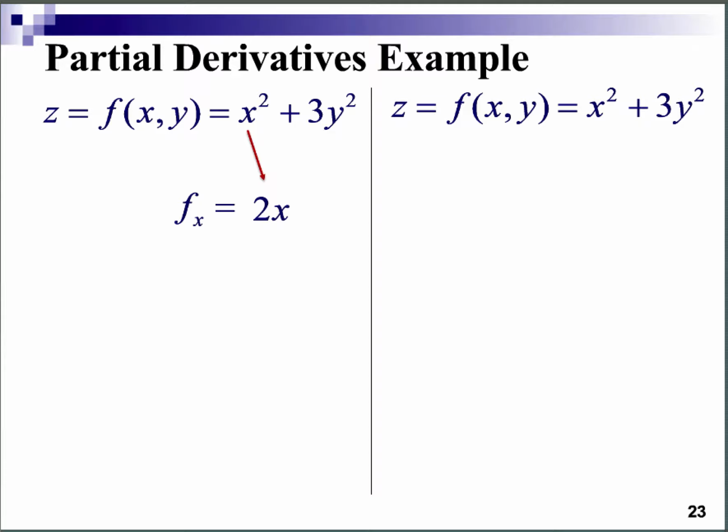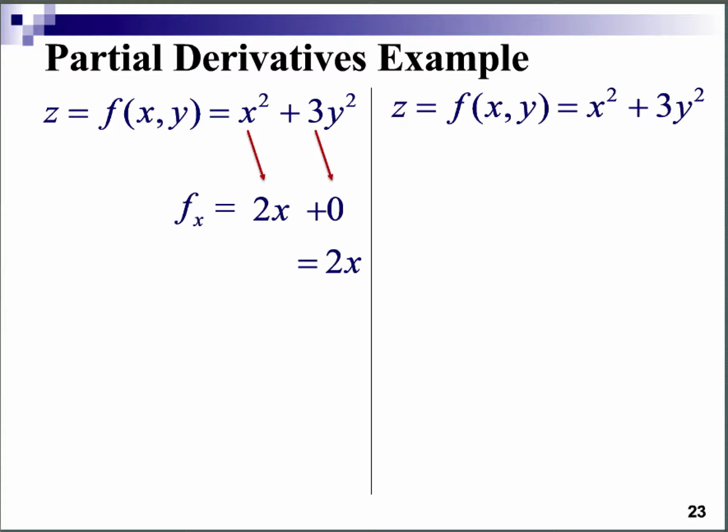So 3y squared looks like 3 times some constant squared. Doesn't matter what that constant is. A constant squared is just some other number. It's another constant. And then when I multiply that by 3, I get yet another constant. So 3y squared is behaving as though it were fixed and a constant. And so therefore that whole thing has a derivative equal to 0.